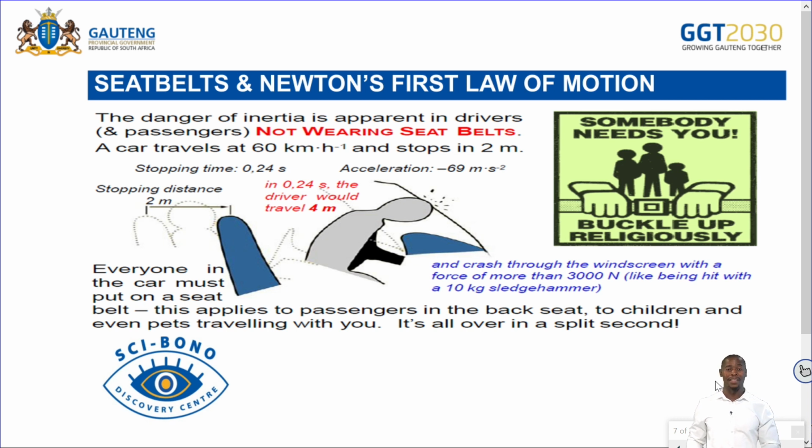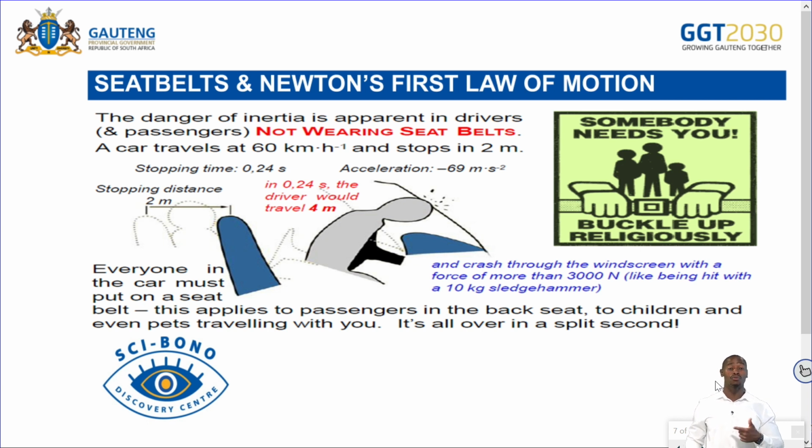So the reason being, remember, if you are a passenger or a driver, I'm giving you an example with a car. If a car is moving at a speed of 150 kilometers per hour, you are also moving at that speed, right? So if a car suddenly stops, what is going to happen? Remember, the force is not applied on you, but on the car.